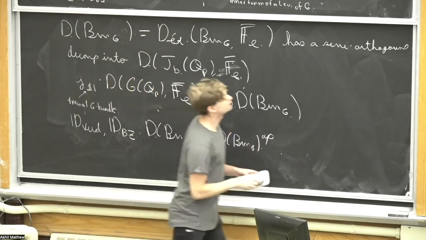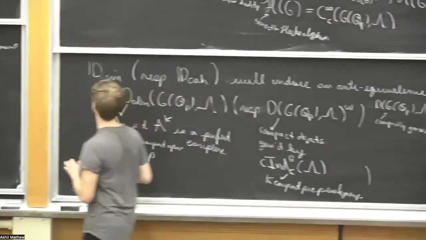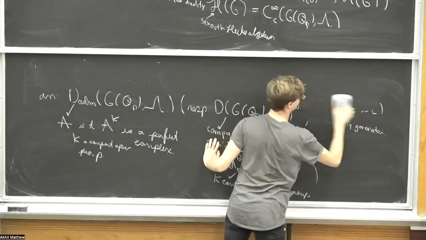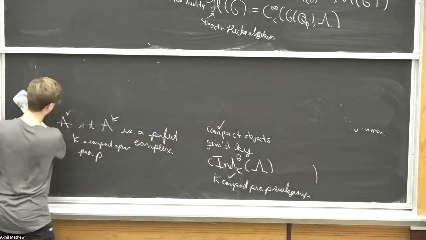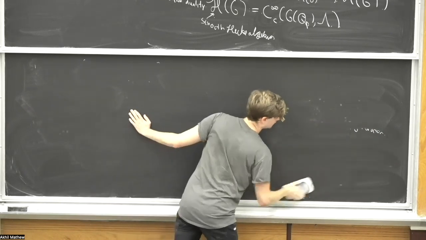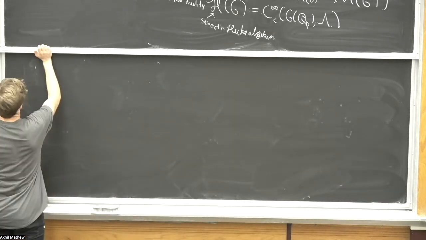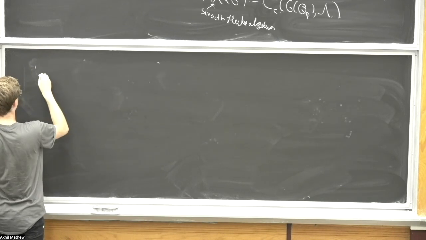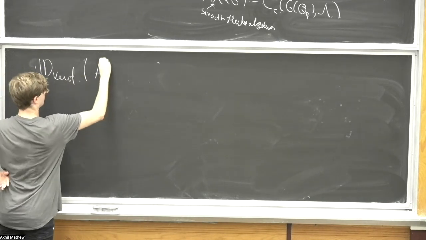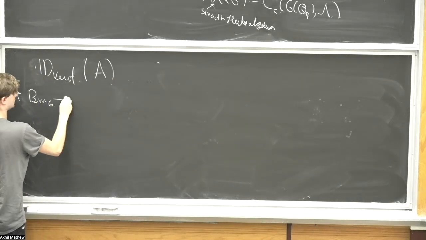So what are these things? Let's consider pi, the map from Bun_G to the point.